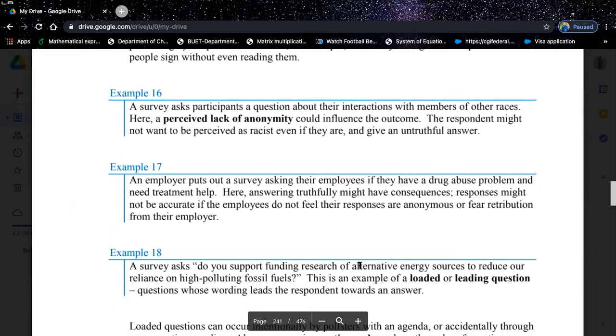Okay, so example 18. It says the survey asks, do you support funding research of alternative energy sources to reduce our reliance on high polluting fossil fuels? Okay, this is an example of a loaded or leading question whose wording leads the respondent towards an answer.